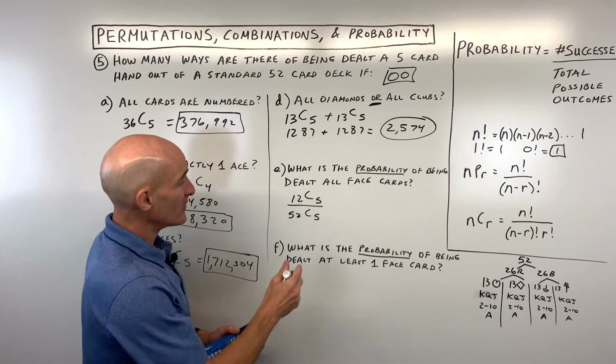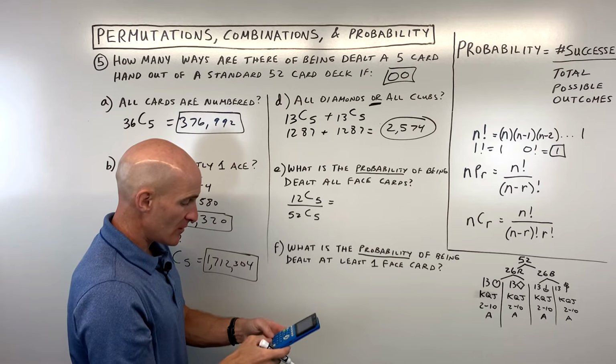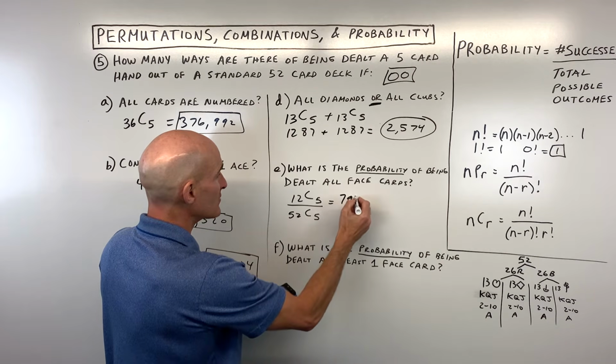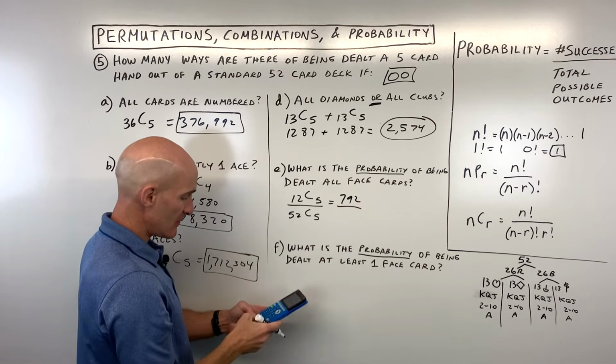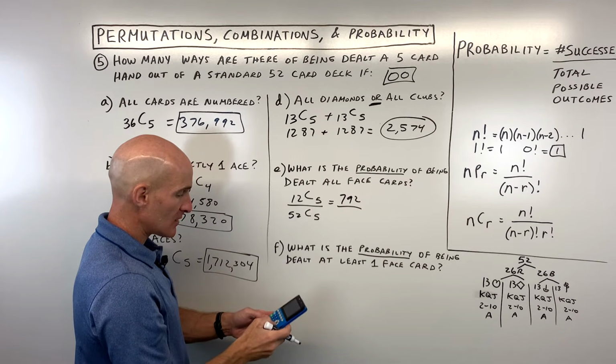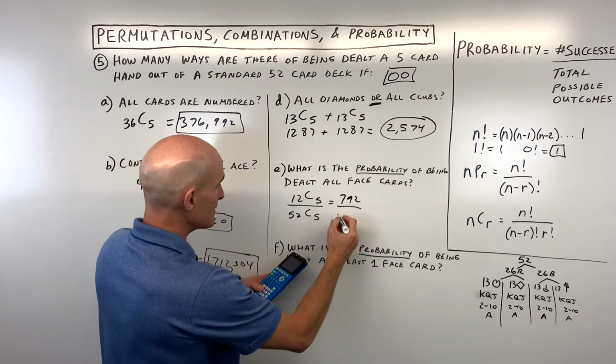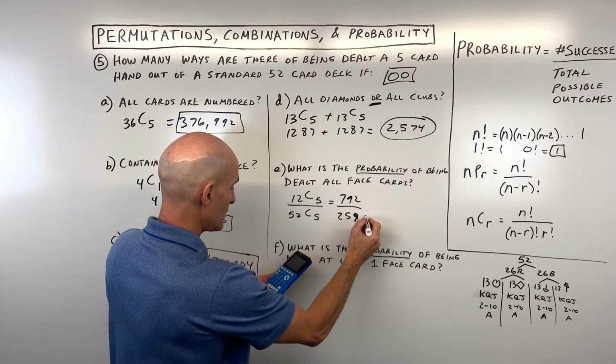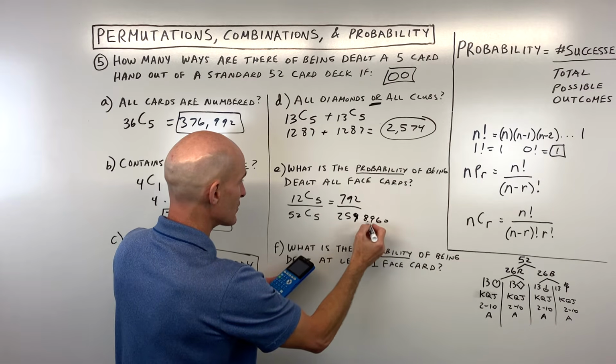Okay, so in this case, let's see what this comes out to. So 12 combination 5 is 792 ways of being dealt all face cards, and 52 combination 5 is a big number, 2,598,960.